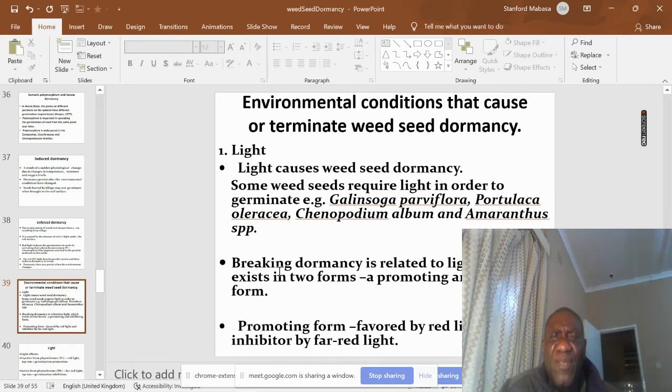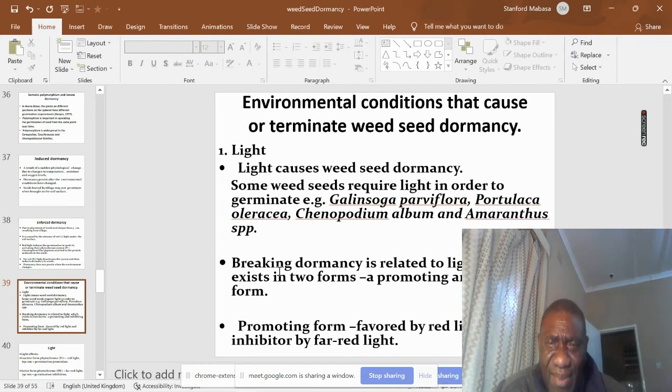Here I'm now just going to explore environmental conditions that cause or terminate weed seed domains. Now, what can actually terminate domains? It could be light. Light causes weed seed dormancy. Some weed seeds require light in order to germinate.